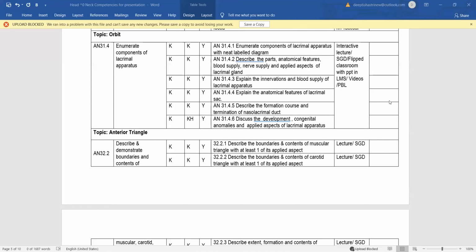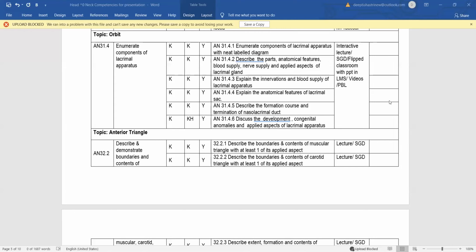But I would appreciate this group regarding the methods they have put up here. They are quite innovative, and we can adopt this TLM for other classes and other competencies.